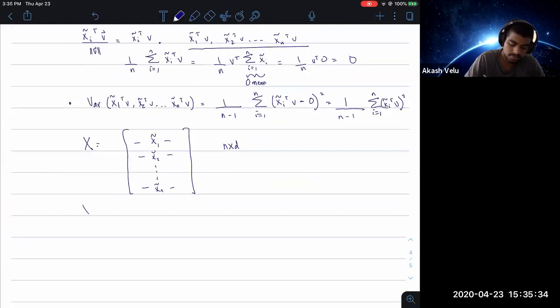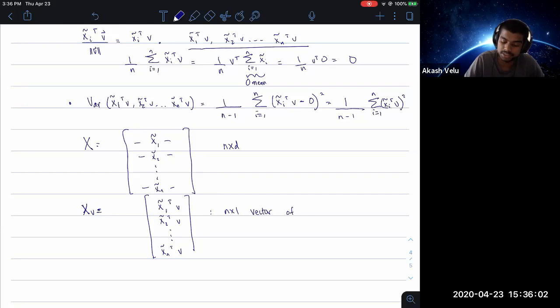Now if we compute the vector X times v, by matrix-vector multiplication rules, this is going to end up being x1 tilde transpose v, x2 tilde transpose v, up to xn tilde transpose v. So this is going to be an n by 1 vector, and the vector is going to be of the projections.